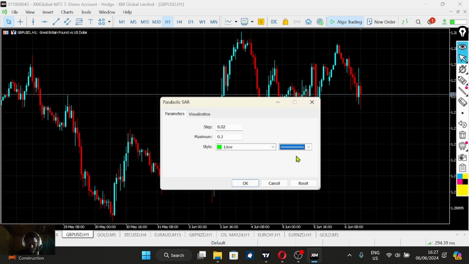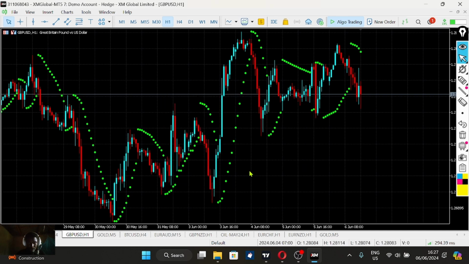Let's make it thicker. Now let's add Heiken-Ashi candles.